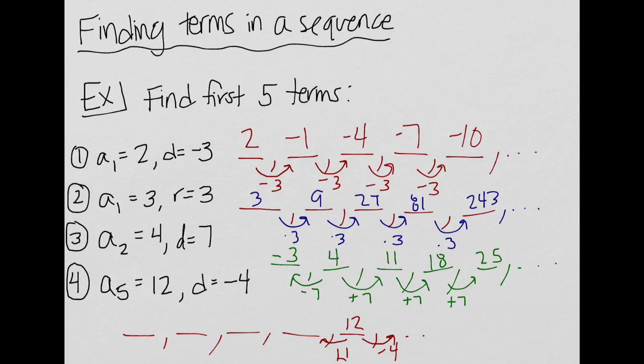To go back, plus 4, that'll be 16. Plus 4 is 20. Plus 4 is 24. And then plus 4 is 28. And you can check it to make sure we did it right. If we go back the other way, to get from 28 to 24, you do have to subtract 4, and so on and so on.